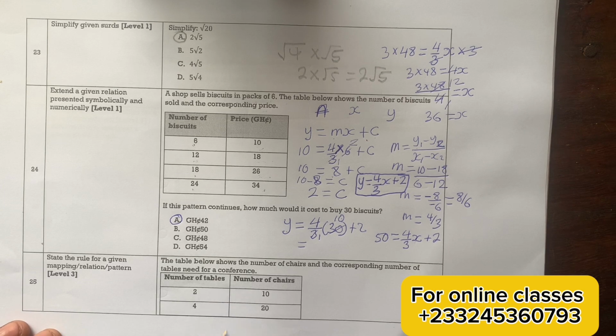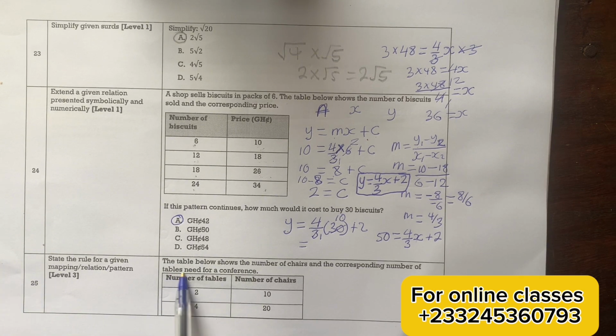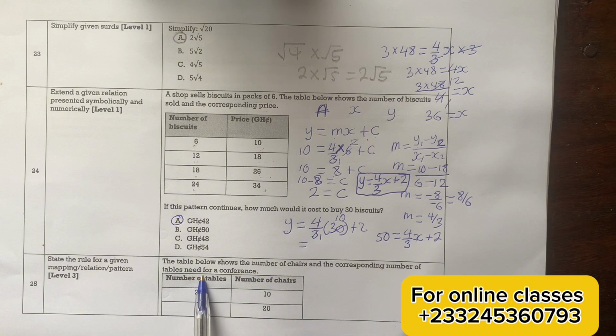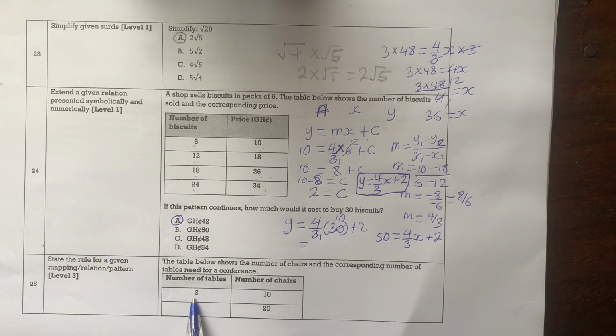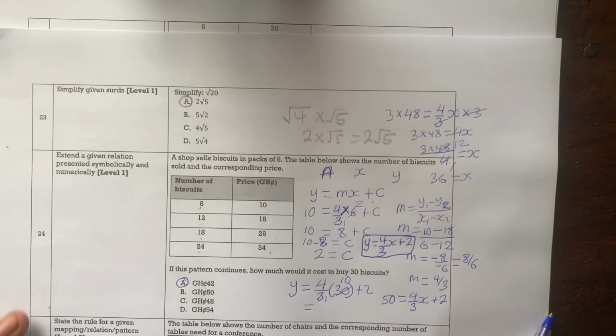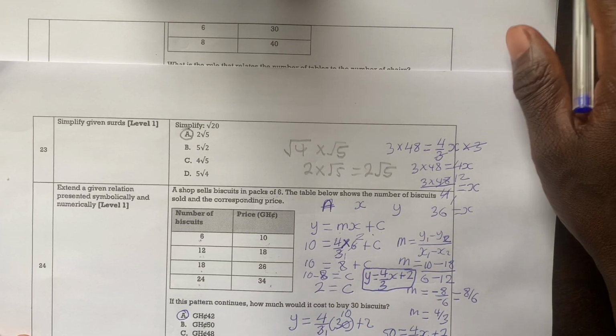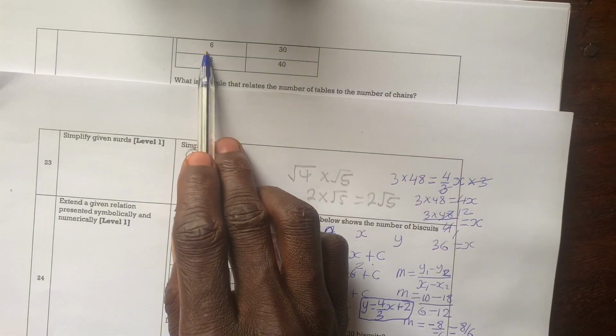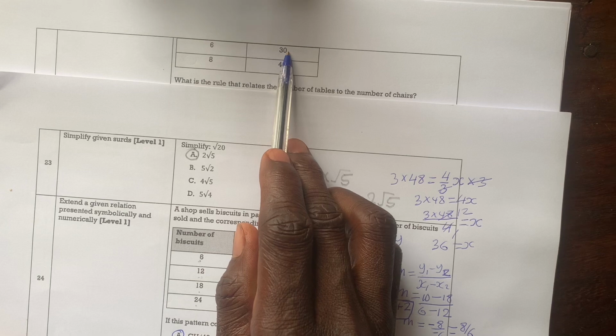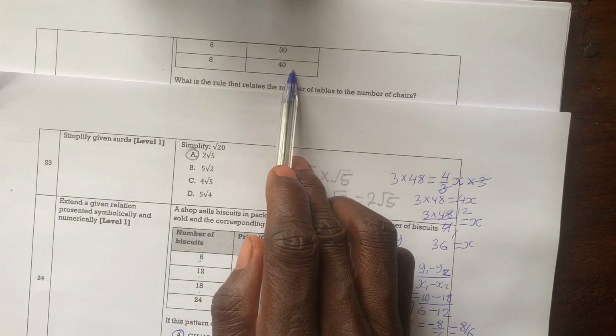Now let's look at this one. The table below shows the number of chairs and the corresponding number of tables needed for a conference. For 2 tables, we need 10 chairs. For 4 tables, we need 20 chairs. For 6, we need 30. For 8, we need 40.